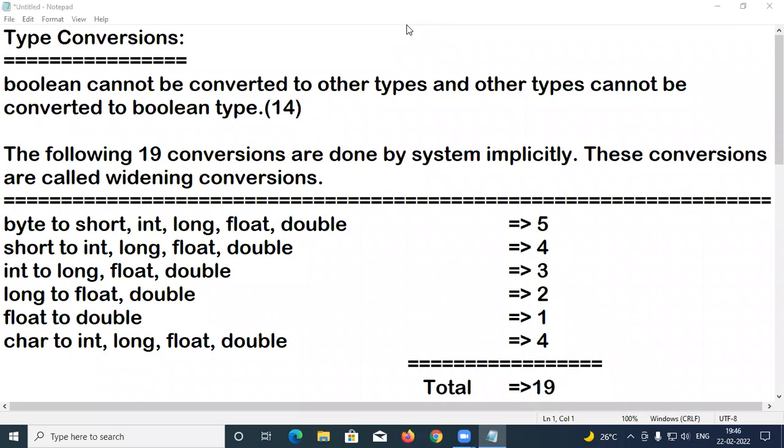Just write all this. Note down. The following 19 conversions are done by the system implicitly. These conversions are called widening conversions. Widening conversions are always valid.